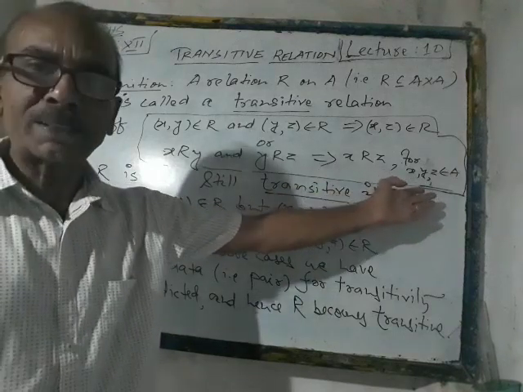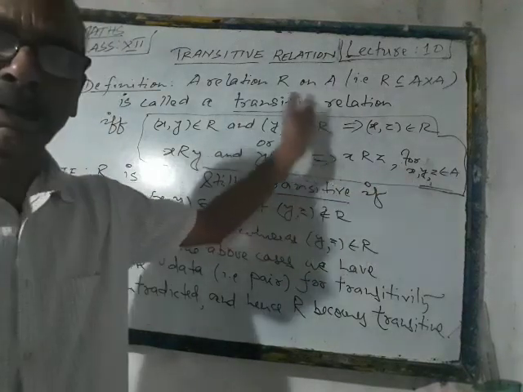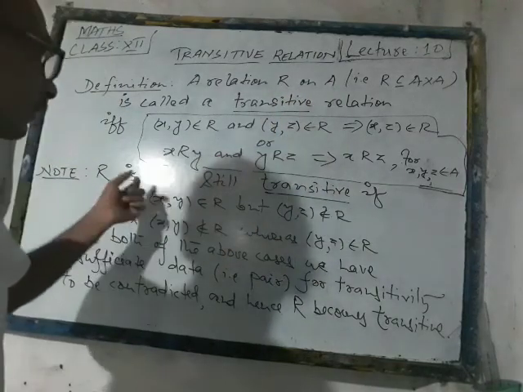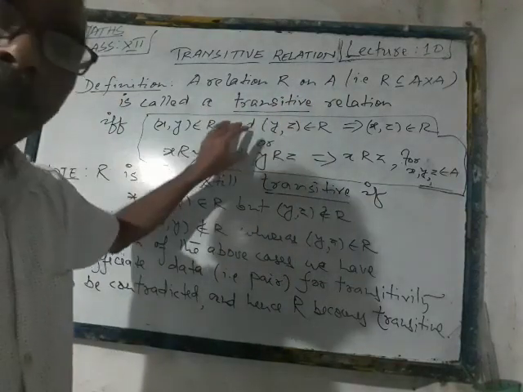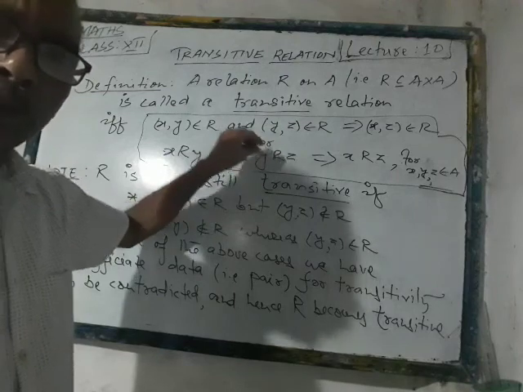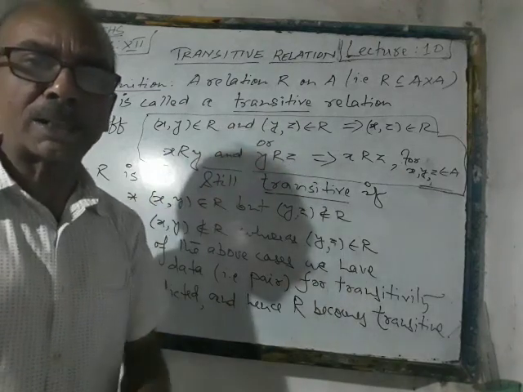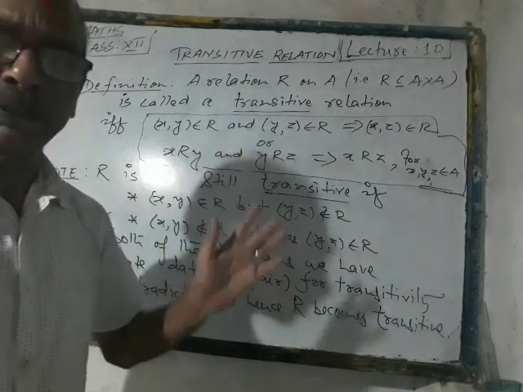The elements x, y, z are taken from the given set A. If this particular property holds true, then we say that the given relation is transitive, and otherwise it is not transitive.